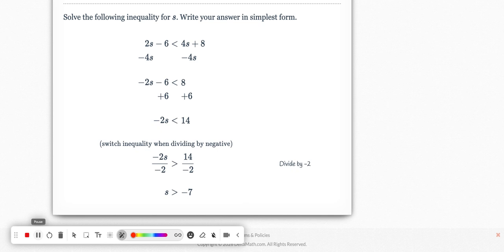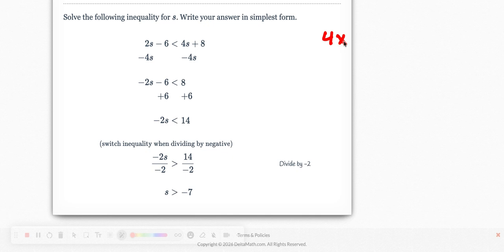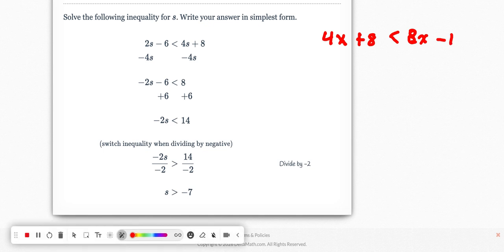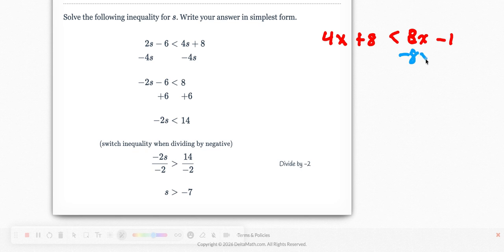So to do things the Delta Math way, to summarize, if you've got an inequality where you have the variable here on one side, but you have that same variable, well, let's call it an 8x on this side, your first step is to subtract this one.